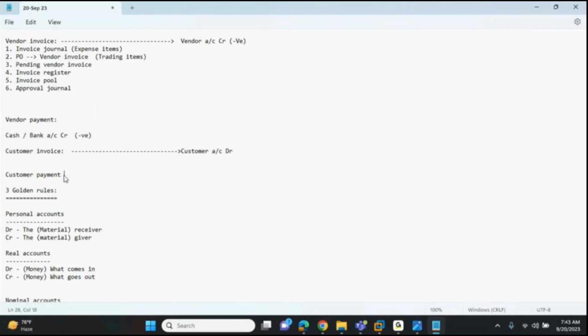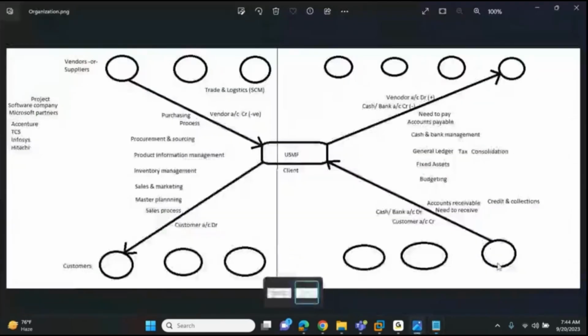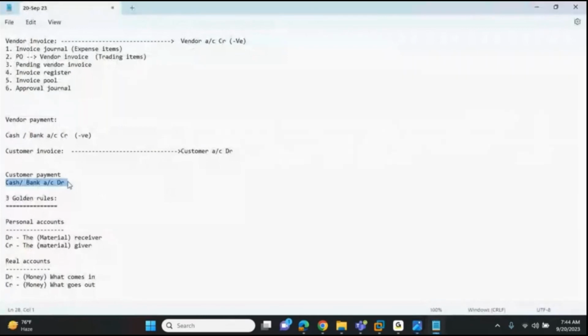And whenever money is coming in, if the customer is paying money, it comes in. So cash or bank will be debited. Because from the customer you are receiving money.